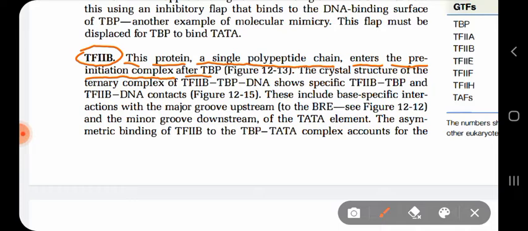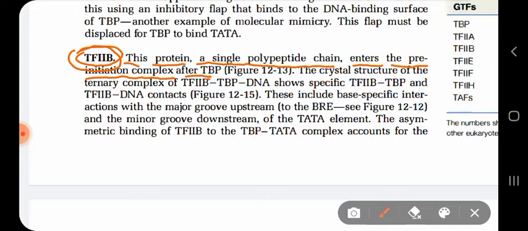So when TBP, the TATA box binding protein, binds to the minor groove, it causes some distortion in the structure of the DNA. Thereby, it creates more space to allow interaction of the other transcription factors.